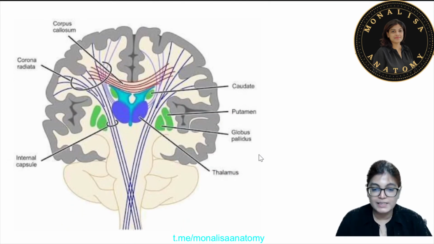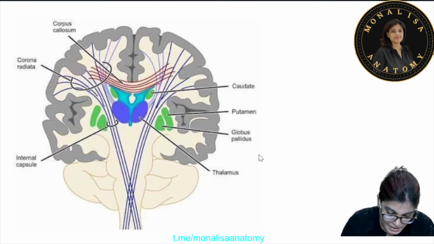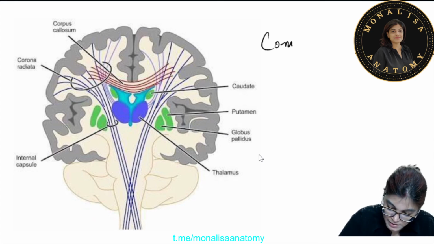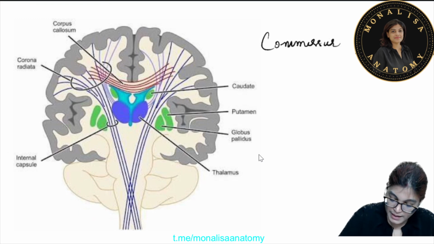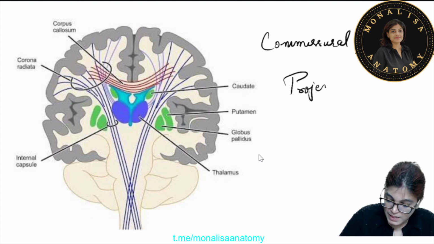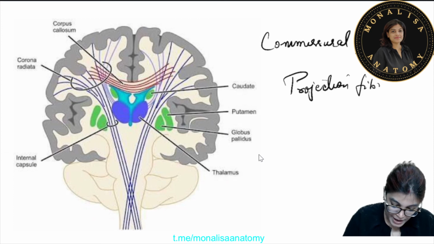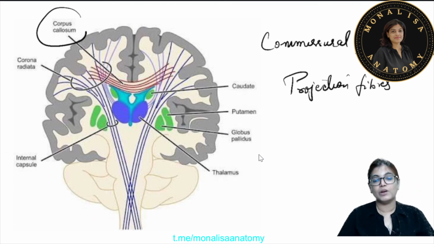Here you can see the different types of fibers. We are already done with the discussion of association fibers. Now here we can see the commissural fibers and the projection fibers. I will explain in brief. Can you see the corpus callosum? The corpus callosum is an example of commissural fibers.